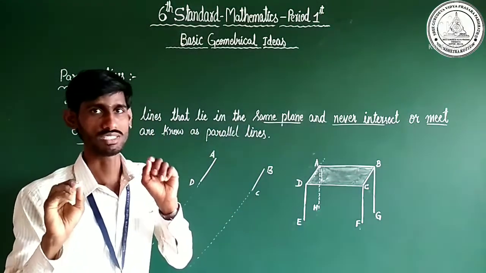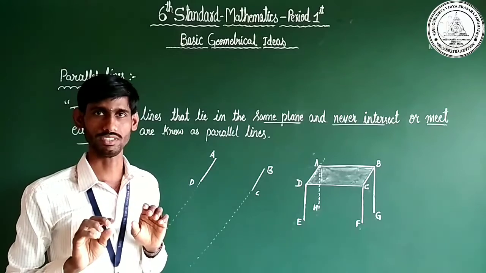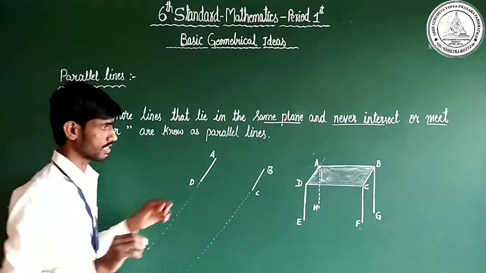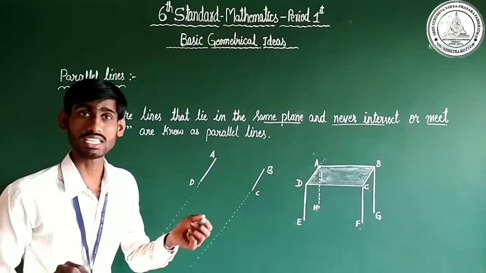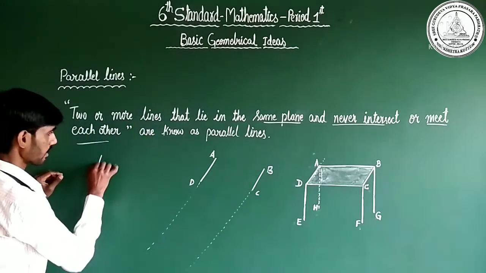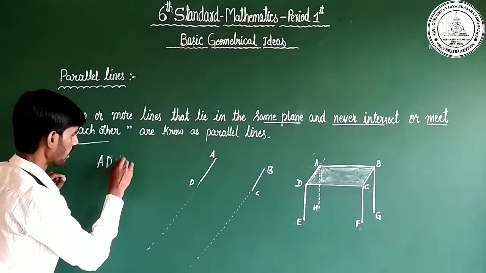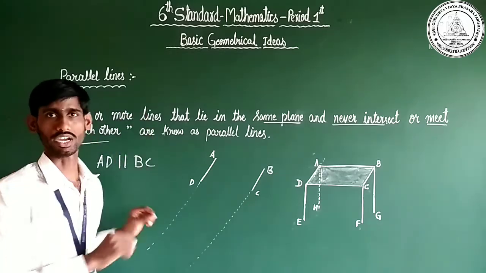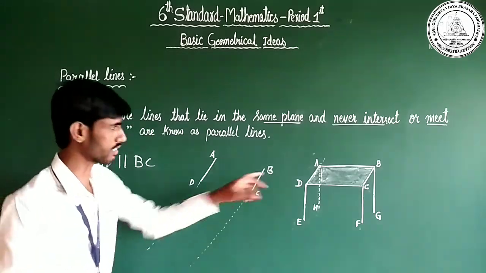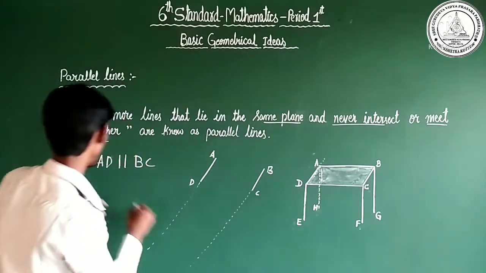You should know the difference between parallel lines and intersecting lines. See, these two AD and BC are parallel lines. It can be written as AD parallel BC. Dear children, which is another set? AB parallel DC.